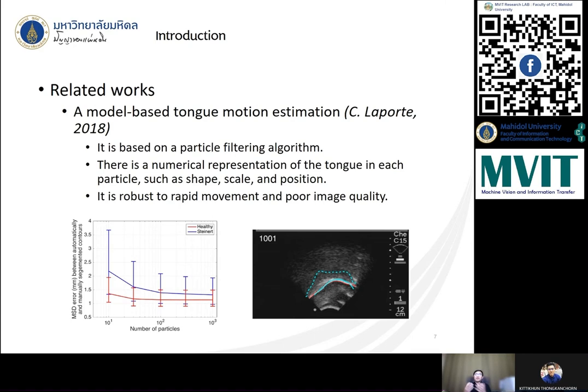You can try it by yourself. Usually when you move the tongue, it's going to be a quick or rapid movement. So it's very hard, even for the human expert and also for the computer, to estimate the direction and magnitude of the movement of the tongue. This technique in 2018 is also robust to poor quality image resolution.